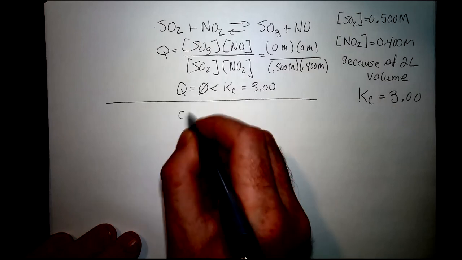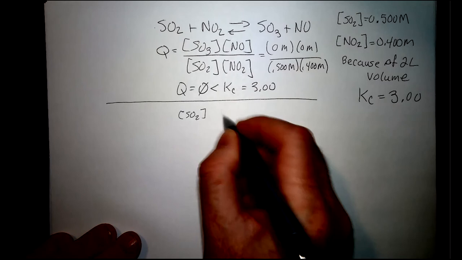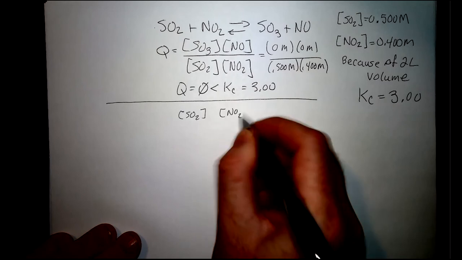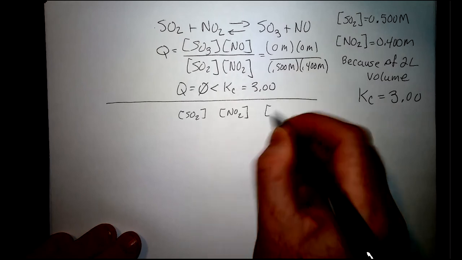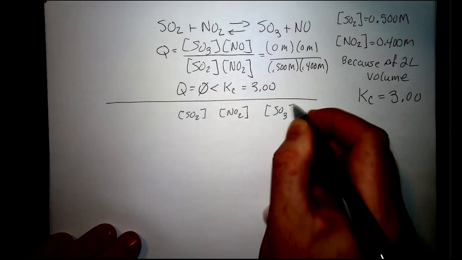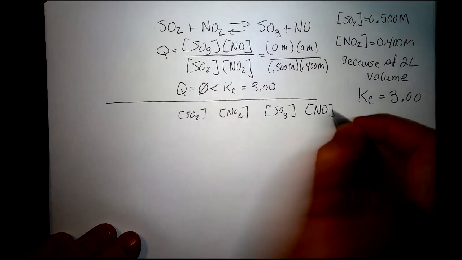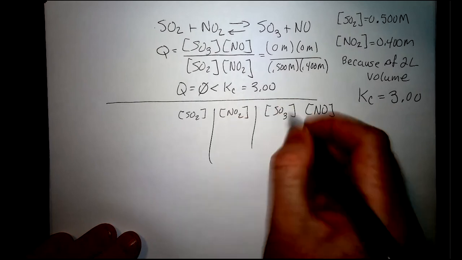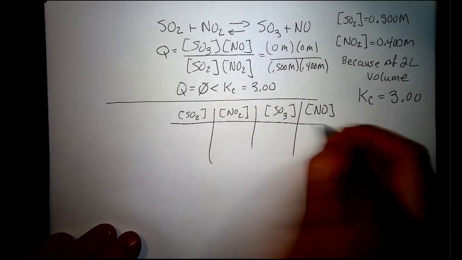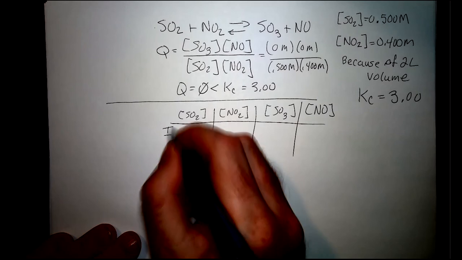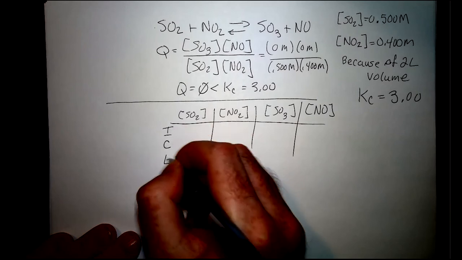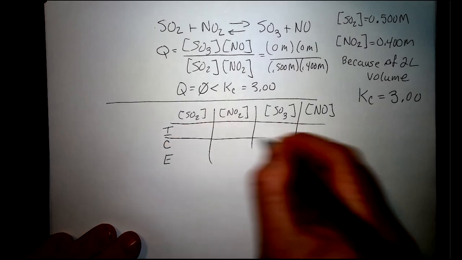We've got the concentration of SO2, NO2, SO3, and NO. And then our ICE table: initial, change, equilibrium, which is where the ICE comes from.